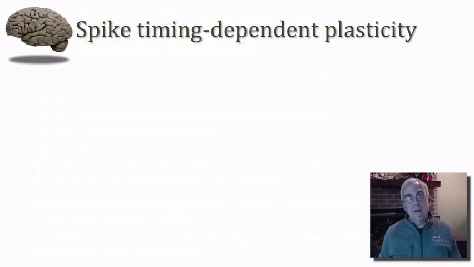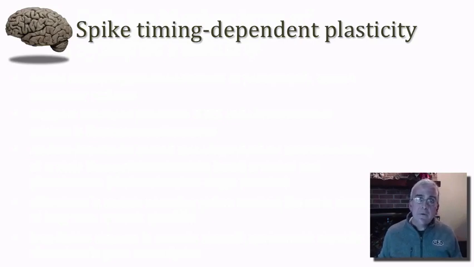Well, what I want to tell you about today in this tutorial is something called spike timing dependent plasticity. And I want to make clear I'm not talking about a totally different form of plasticity than what we've already discussed in terms of long-term potentiation and long-term depression.